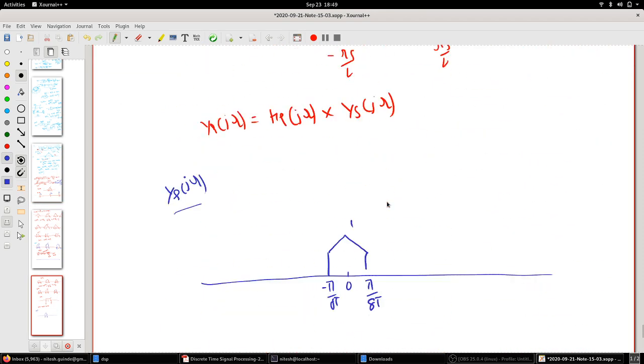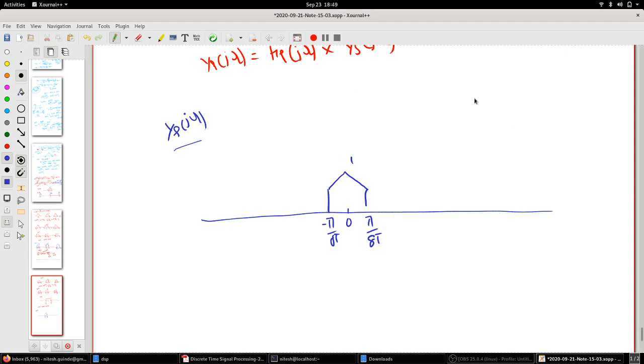So this is the output of that system where you input xc of t and expect yr of t. I told you to find the frequency response of this. It's not going to be a periodic function, since the Fourier transform of a continuous time signal is not periodic.